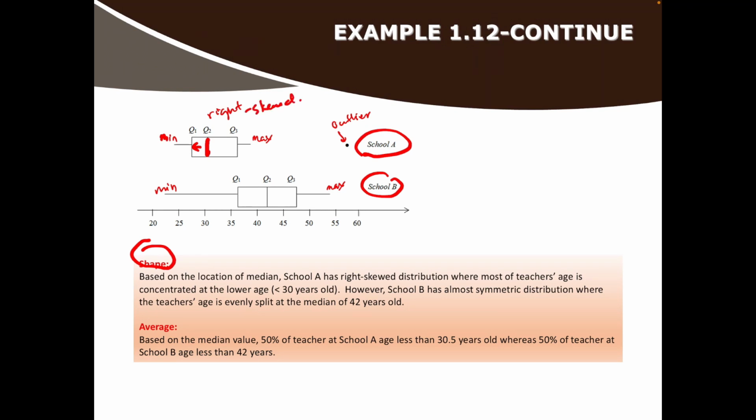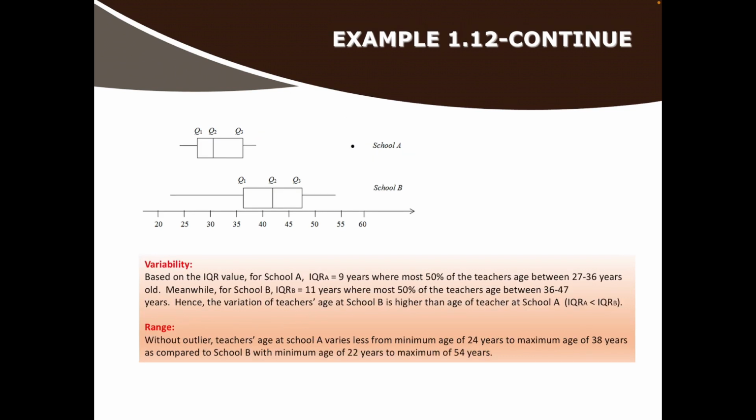For school B, it is approximately symmetric. Then average, based on the median values, so we state the average, and the other one is the variability. For variability, we compare the IQR, so you have to calculate IQR for school A and IQR for school B, and find the smallest IQR.